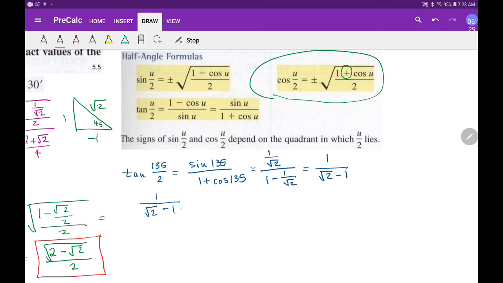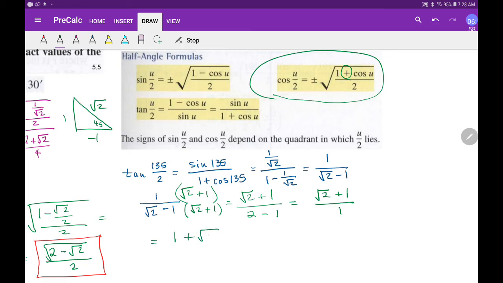And we will multiply by the conjugate. And that will give us square root of 2 plus 1 over 2 minus 1, I think. So the square root of 2 plus 1 over 1. So I might switch this around. There, I think that's my answer right there.